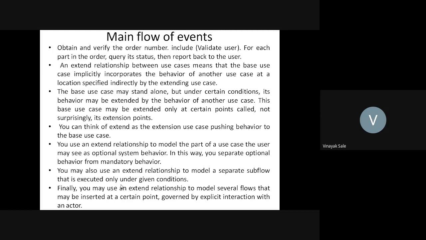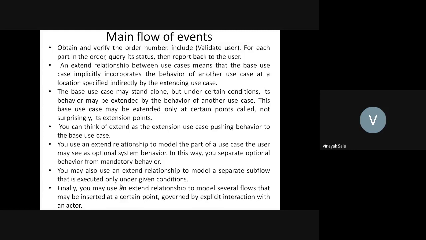You use an extend relationship to model the part of a use case that the user may see as optional system behavior. In this way, you separate the optional behavior from the mandatory behavior.